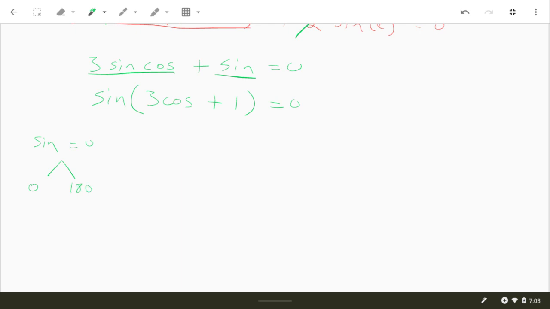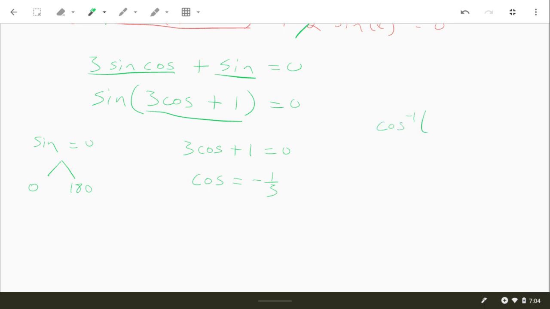And then for this one, I'm going to have to take 3 cosine plus 1. I'll move the 1 over and then divide by 3. So I get cosine equals negative 1/3. And for this, you're going to have to use your arc cosine.